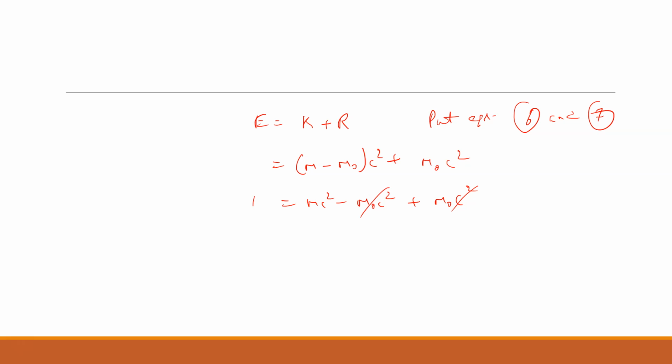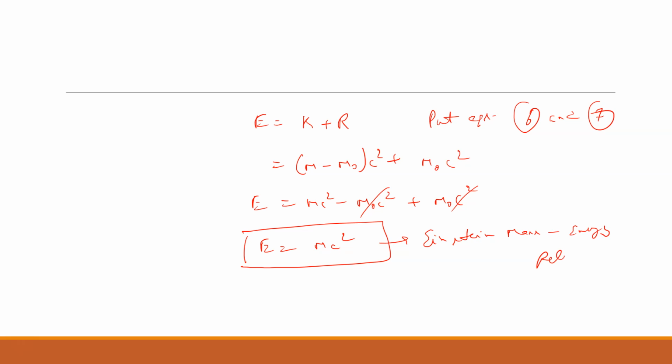This will cancel out, so E is equal to mc square. This is the famous Einstein mass energy relation. Here m is the variable mass.